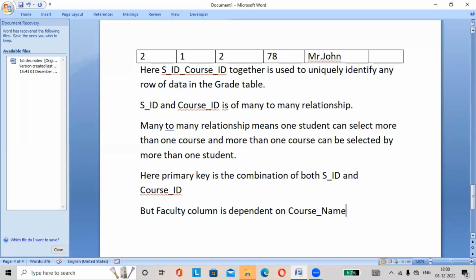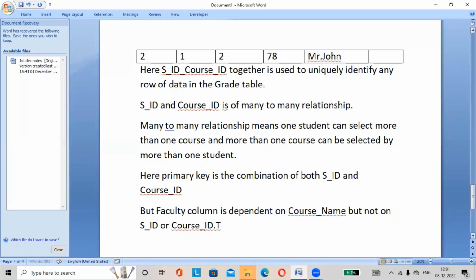Faculty column is dependent on course name, but not on student ID or course ID. This is known as what? Partial dependency.